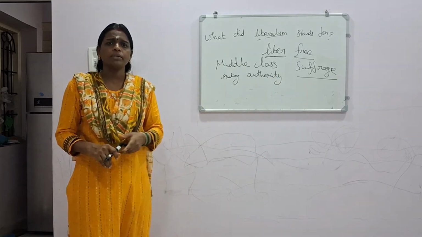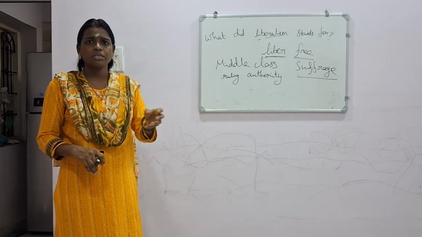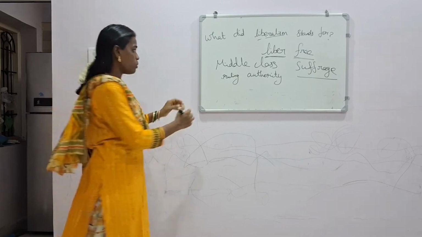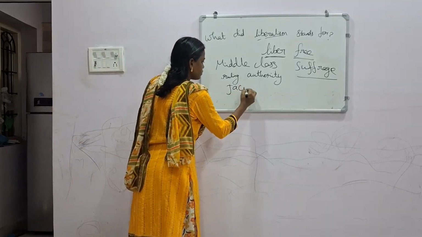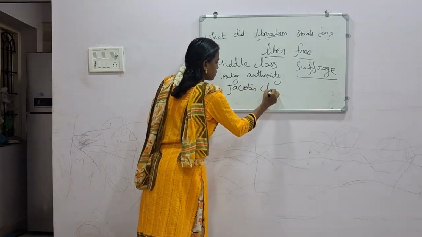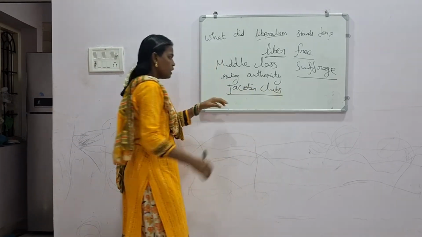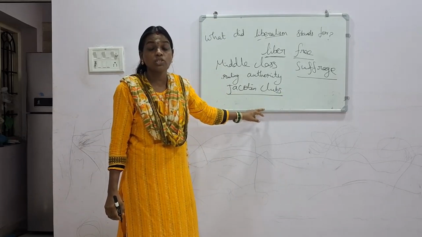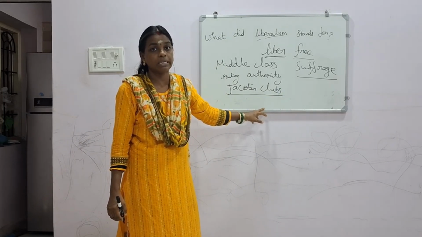So due to the Napoleonic Code, universal suffrage was reduced. And the Jacobin clubs: one thing I want to let you know. Jacobin clubs were the clubs installed by the educated middle class people in Europe.